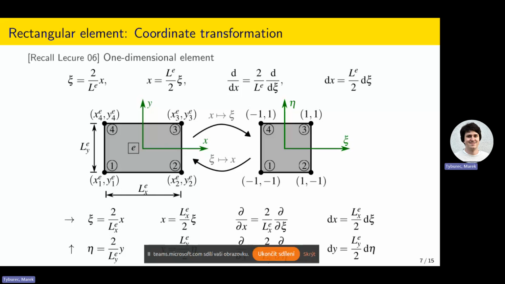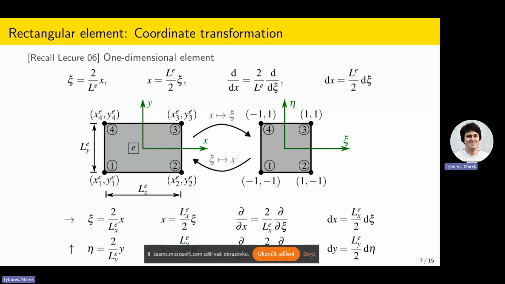So we differentiate psi over x, and what we get is 2 over L times d over d psi.